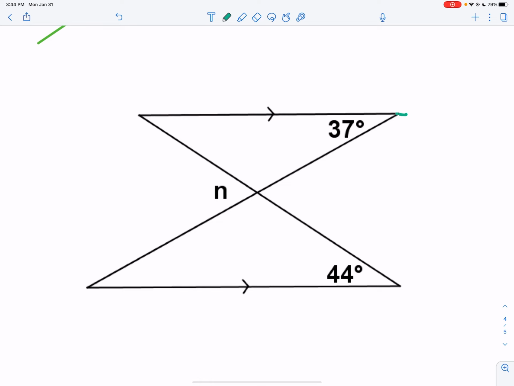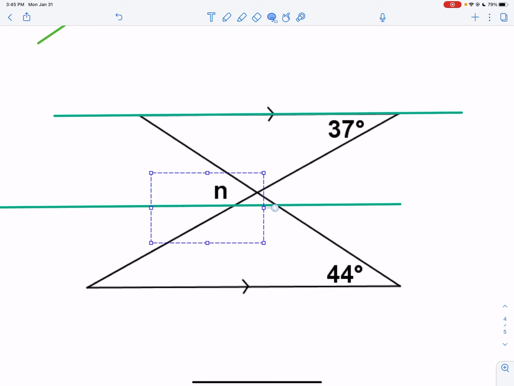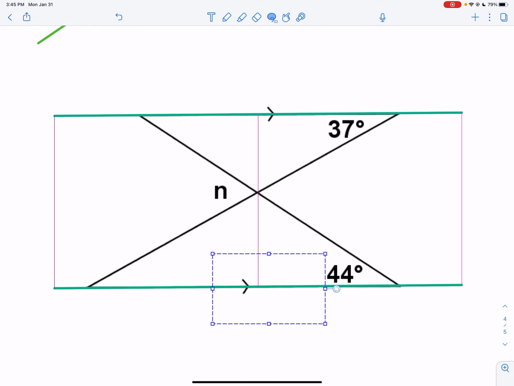Just redraw these, see if we can do it. And again, it doesn't have to be perfect. It just has to represent the idea that we want it to represent. They drew this one to where it was pretty much parallel. Excellent.